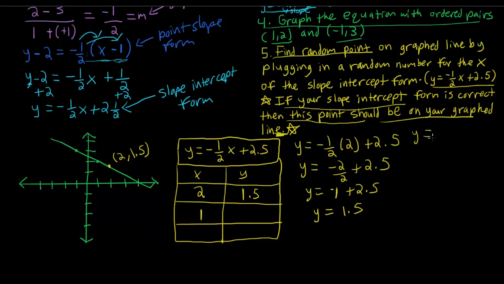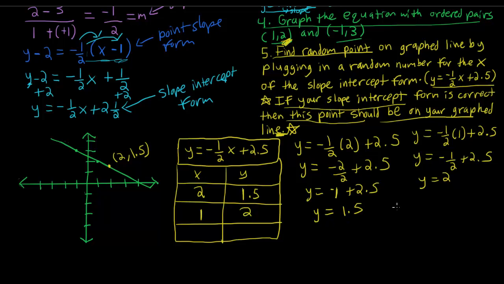So y equals negative 1/2 times 1 plus 2.5, and negative 1/2 times 1 is just negative 1/2 plus 2.5. Negative 1/2 plus 2.5 is just positive 2. So 1 and 2, and that's our first ordered pair here.